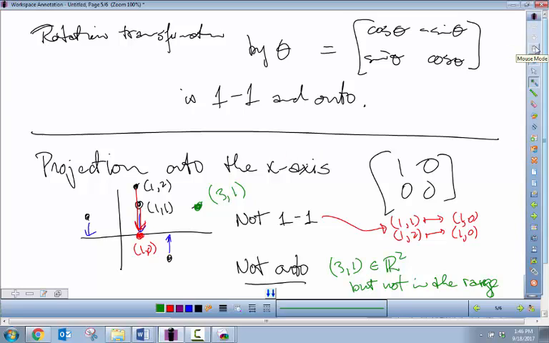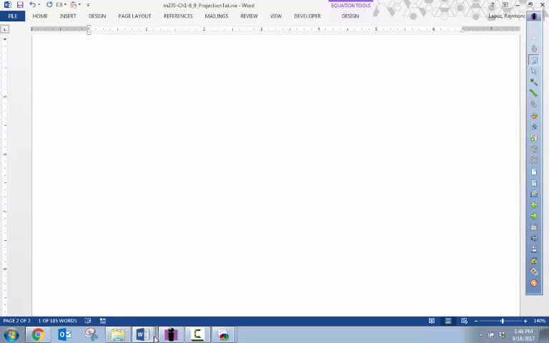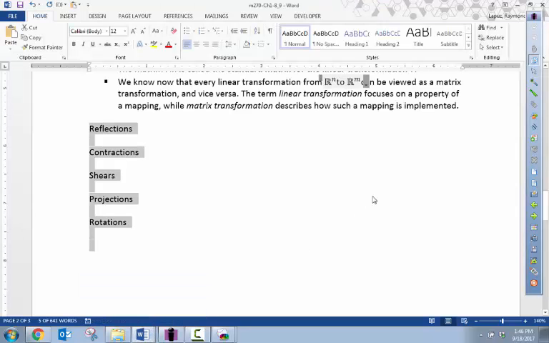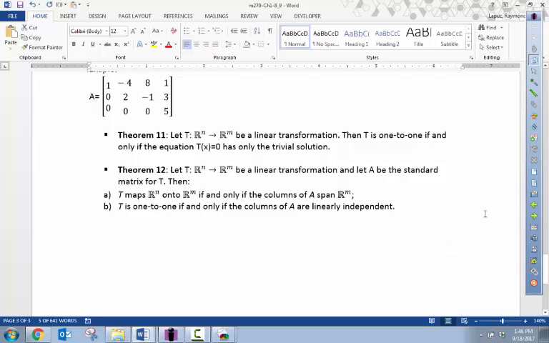All right, the reason why we're talking about this is the relationship between the transformation being one-to-one and onto has something to do with the matrix, because these are all linear transformations, and we're dealing with matrices. So the big prize for this is to take a look at these two theorems.